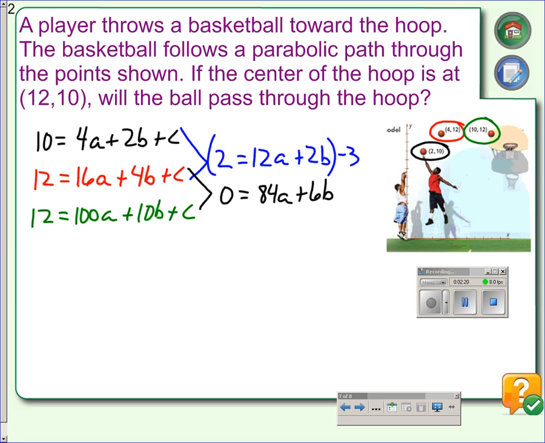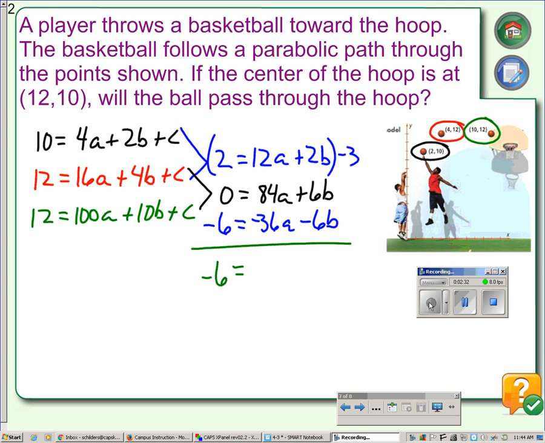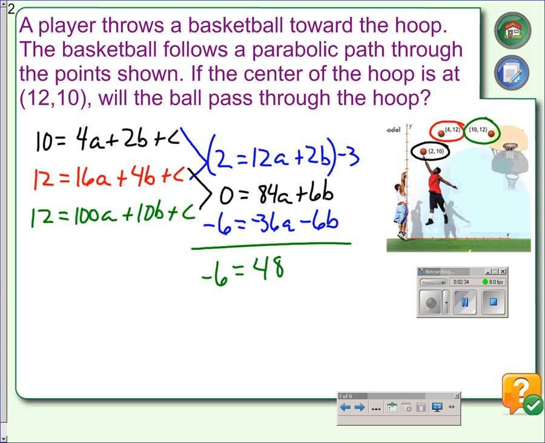So multiplying by -3, we get -6 equals -36a minus 6b. Combining these two equations, we get -6 equals 48a, and the b's are eliminated, so then we can divide by 48, and we get a equals -1/8.